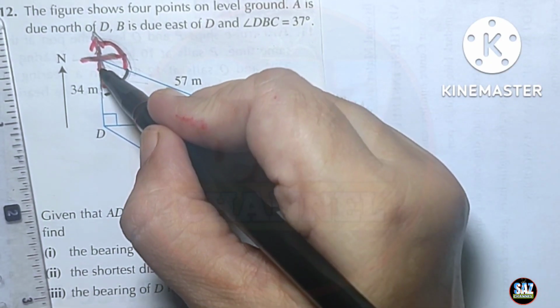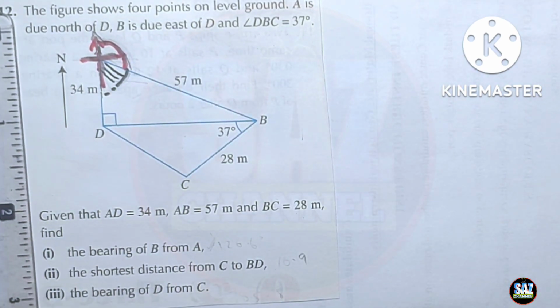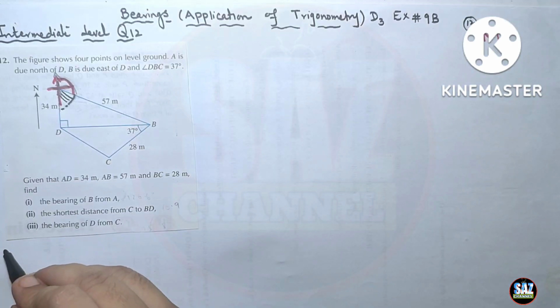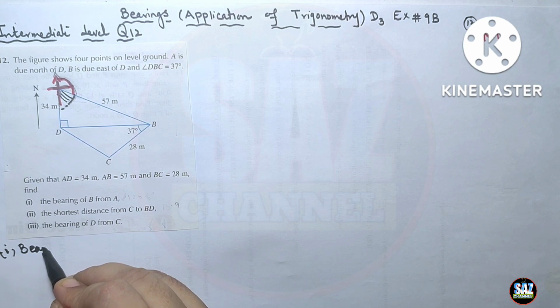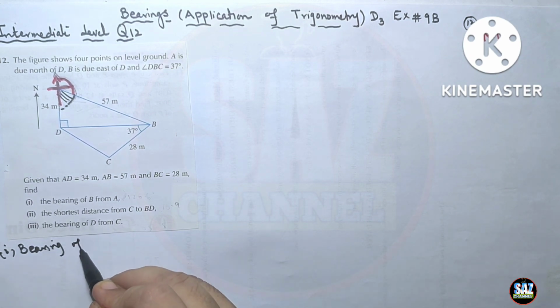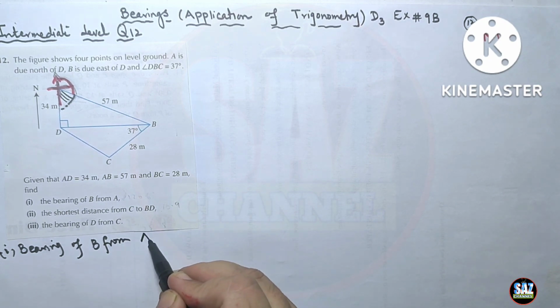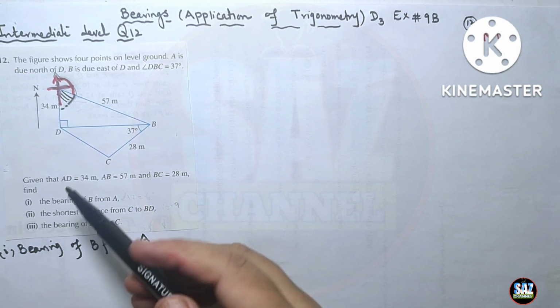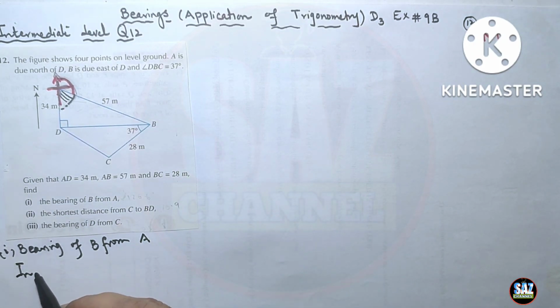So in order to get the value of this angle, first of all, for the bearing of B from A, I have to take a triangle. Which triangle? This is ABD. In triangle ABD, A, B and D, and always make small diagrams.